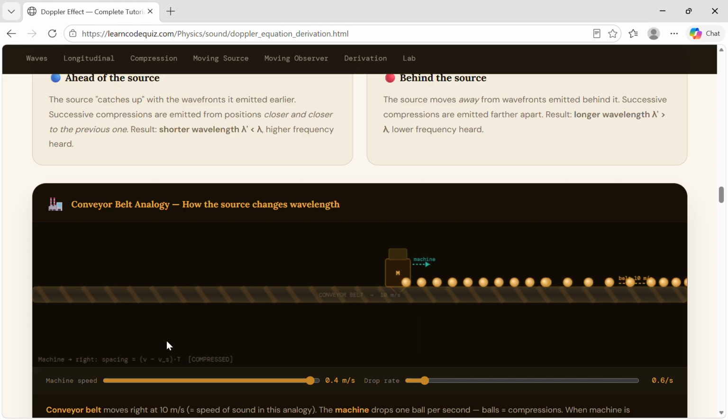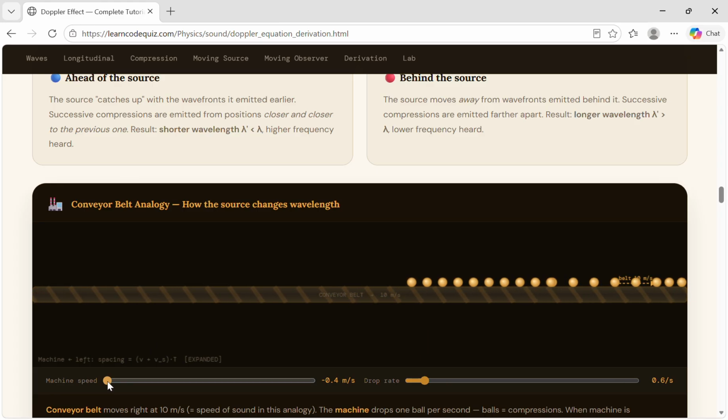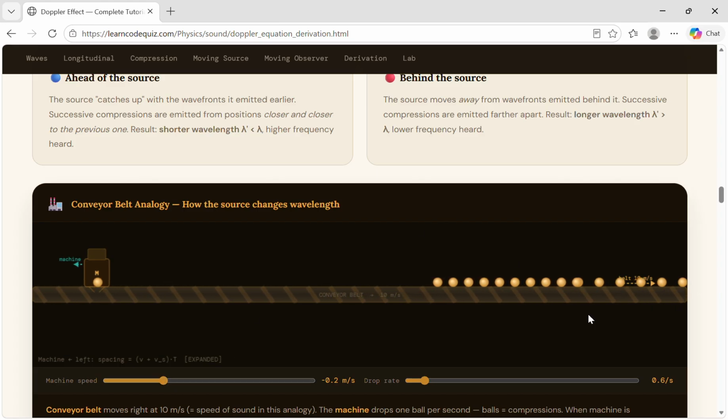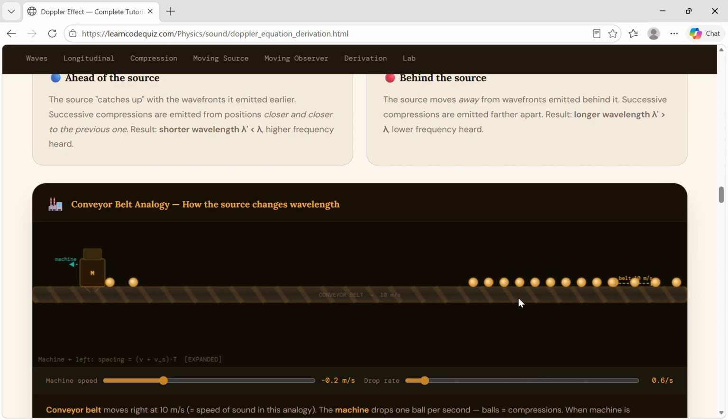But if the source is moving away from the observer, let's put it somewhere here. Then you see what happens. So these were my original. These were after I moved the source towards the observer. And now let's see what happens. Now you see it's much bigger than even the original, right?